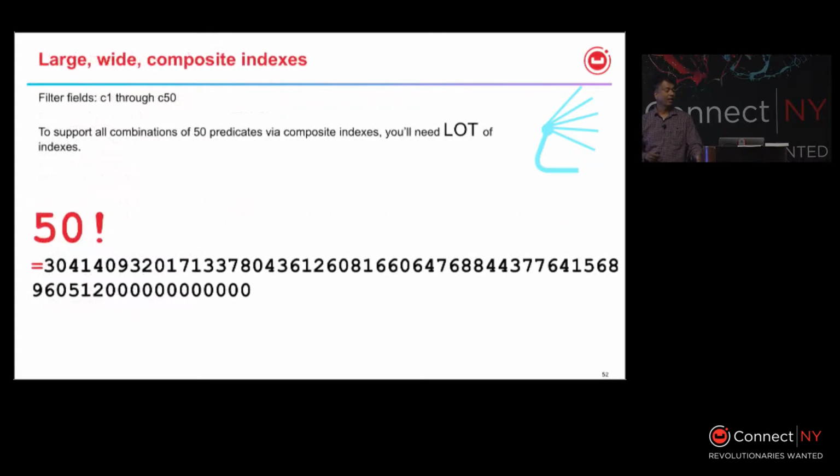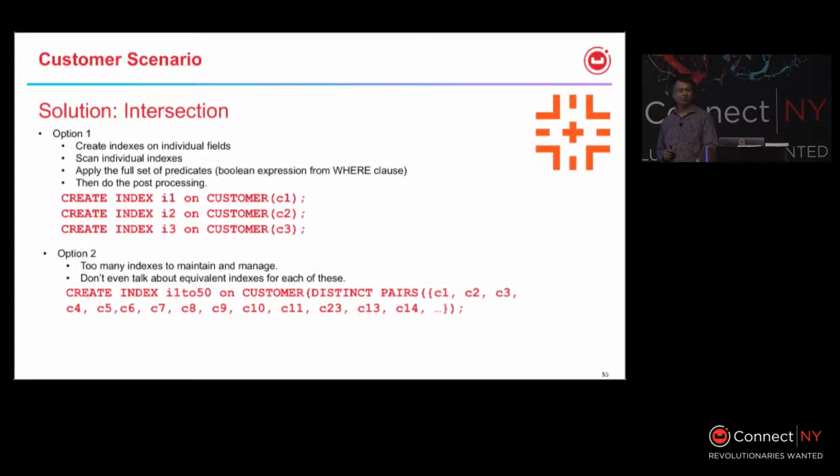So for that, if you have to create all different types of indexes, for 50 keys, 50 factorial comes out to be, I don't know what it is. This is zettabytes. Let me just say it's a huge number, right? So I don't think we can buy a cluster to fit all that.